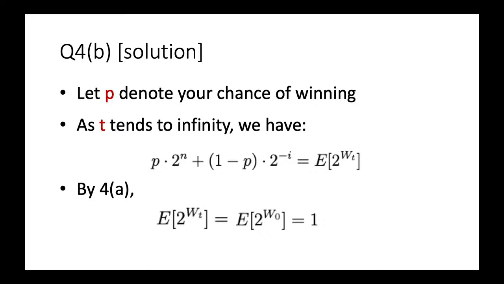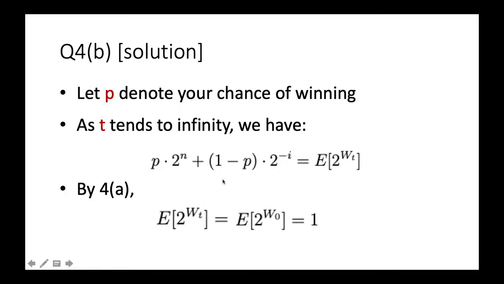So in such a case, there will be P chance for you to be in the state of winning N dollars, and then there will be 1 minus P chance for you to be in the state of losing I dollars. Is that okay? So the expected value of 2 to the power W_T will be equal to, there is P chance with the value W_T equal to N. This is the case that you are winning. And with 1 minus P chance, you will have the W_T value to be minus I.